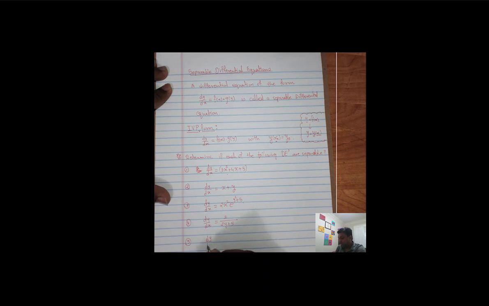Dy by dx equal to x square plus x square y plus 2y plus, let's say, 2. And then perhaps one more: dy by dx equal to 2x cube plus e to the x plus y plus y cube.